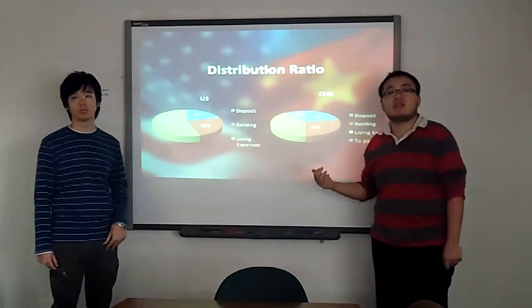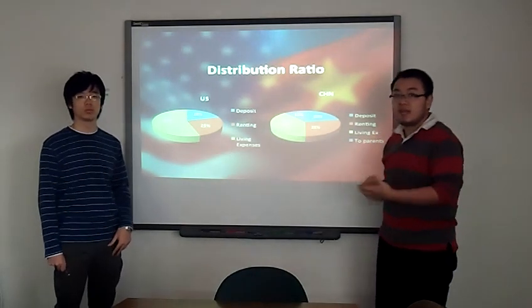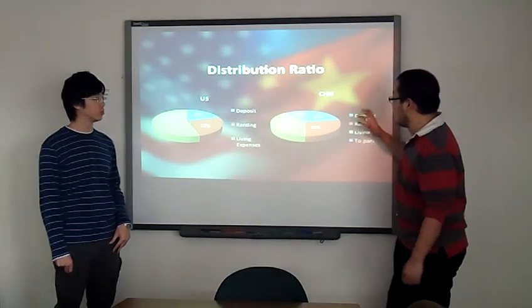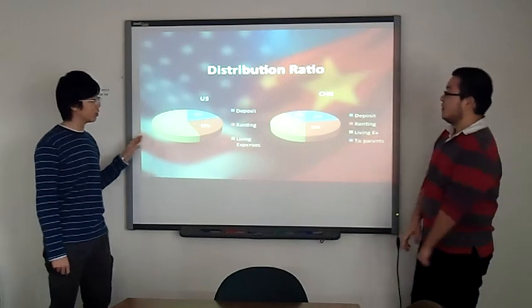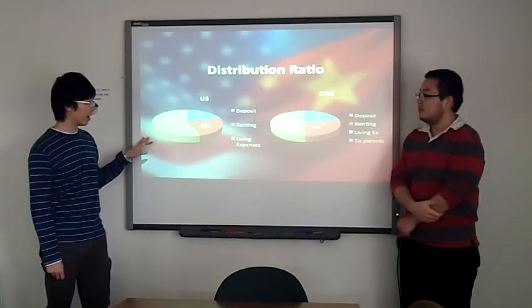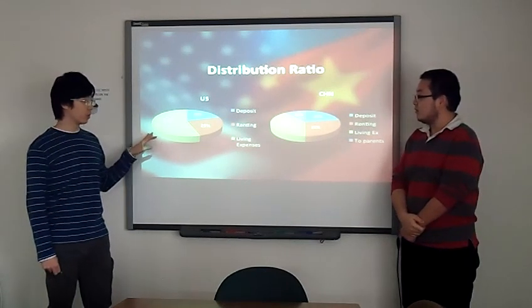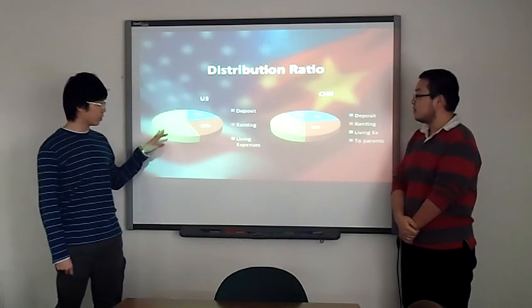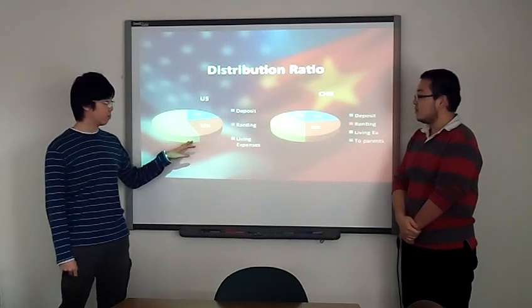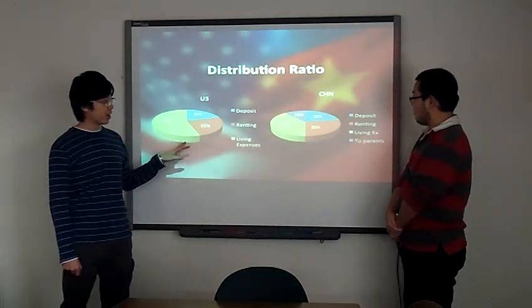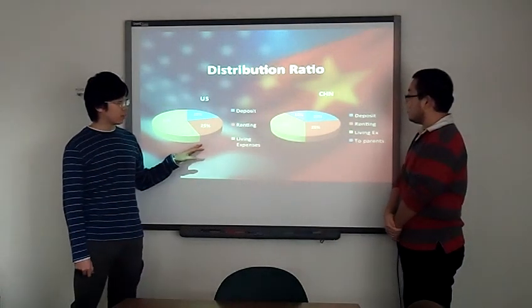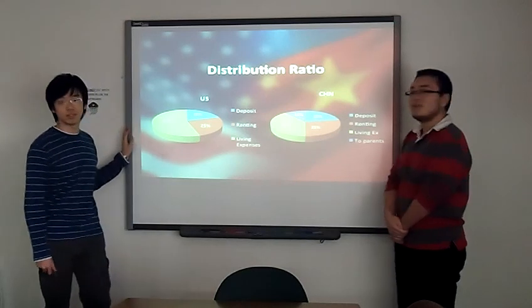We need to give feedback. So if we make money, we have to give some money to our parents. Compared in this image, we can see that American people use nearly half of their money on living expenses, but compared to China, people use less money. And that's it.